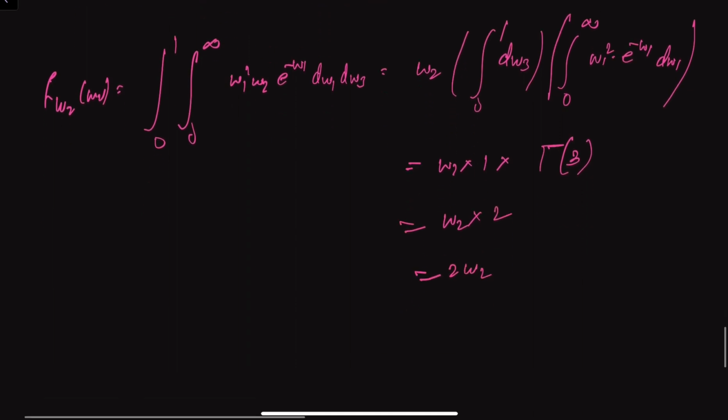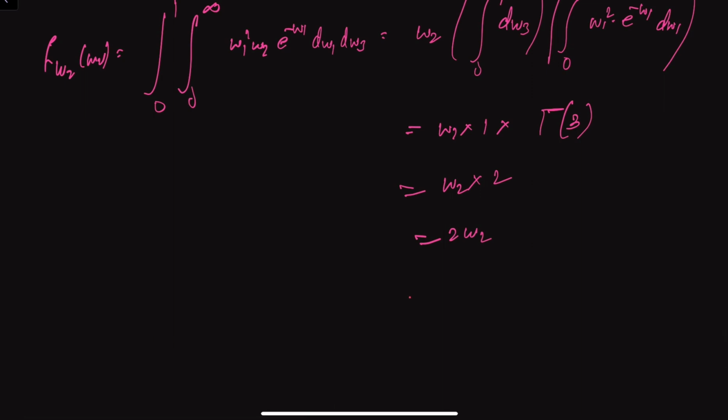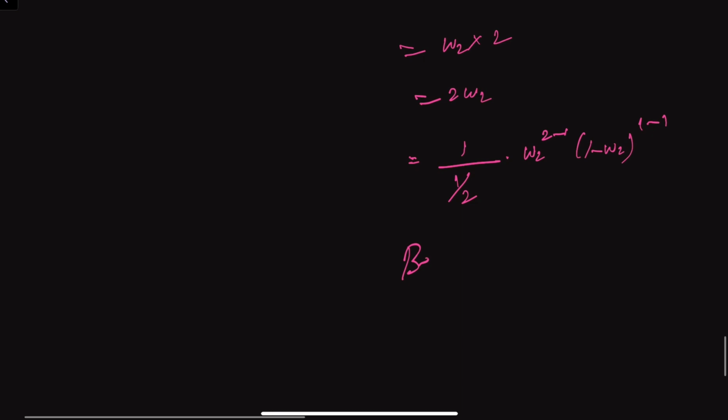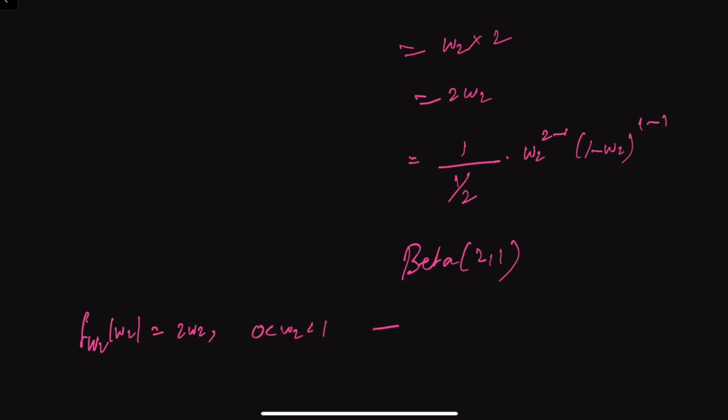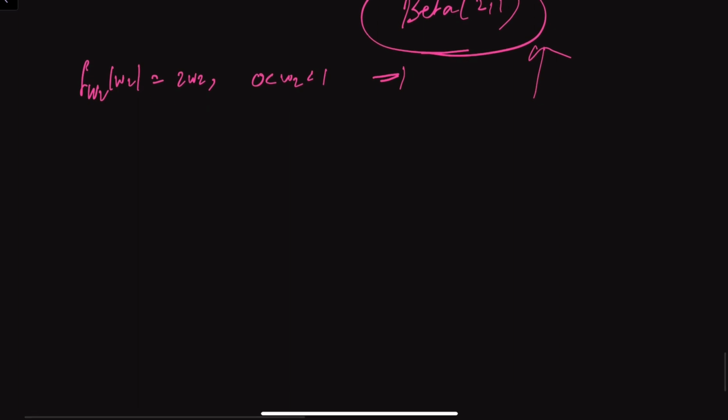So that is 2w2. We can rewrite this as 1 by 2 into w2 to the power 2 minus 1, into 1 minus w2 to the power 1 minus 1, which is beta 2 comma 1. So f_W2 of w2 is 2w2 for 0 less than w2 less than 1, following a beta distribution with parameters 2 and 1.